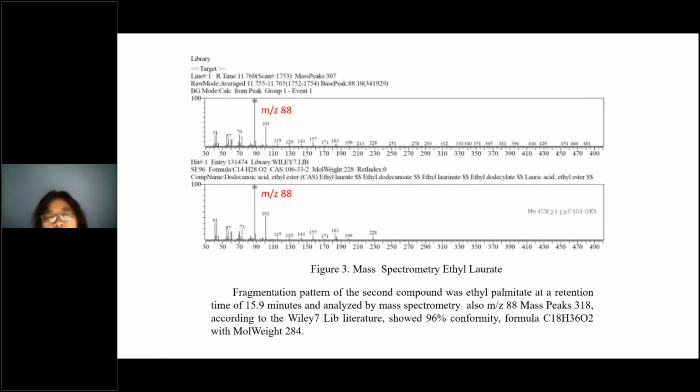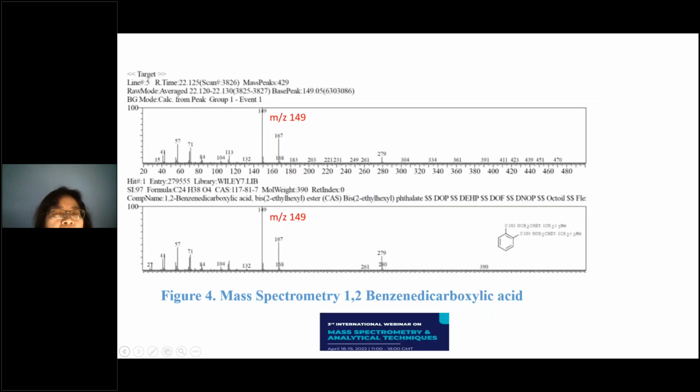So 96% conformity and formula, and molecular weight 184. This is the mass spectrometry of 1,2-benzene dicarboxylate acid.